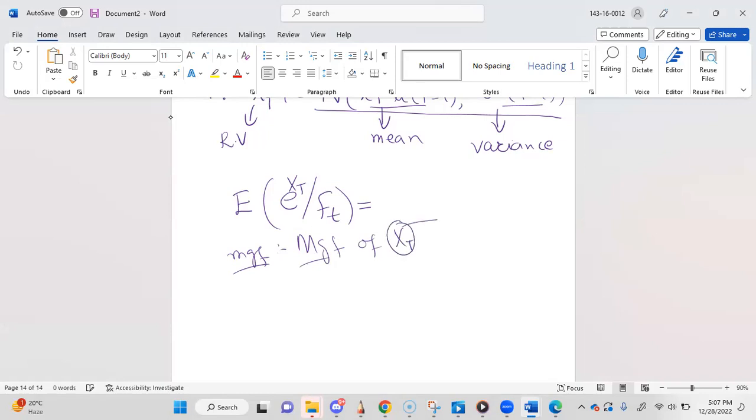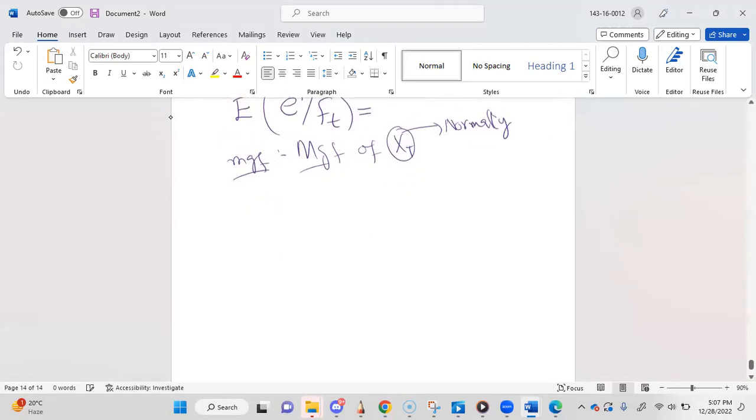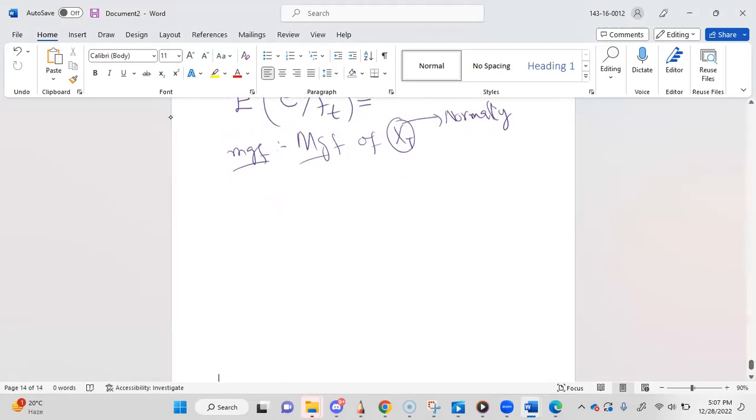I know that this is normally distributed, and for a normally distributed random variable, my MGF is M of t equal to e to the mean multiplied by t plus 1 over 2 variance times t.